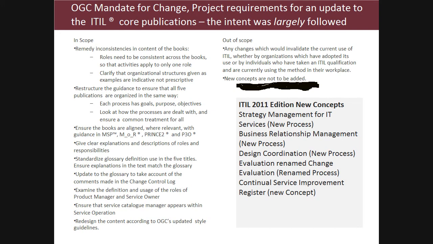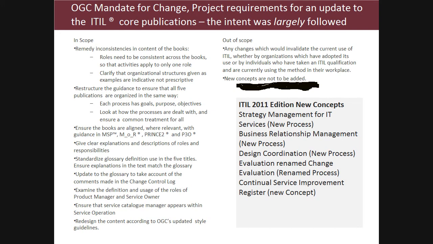Design coordination. One of the kooky things with the 2007 version of ITIL V3 is that you had all these processes in design, but none of them were actually the design process. So they've added that. Evaluation has been renamed to change evaluation. You want to look carefully at that because it's not just a rename.